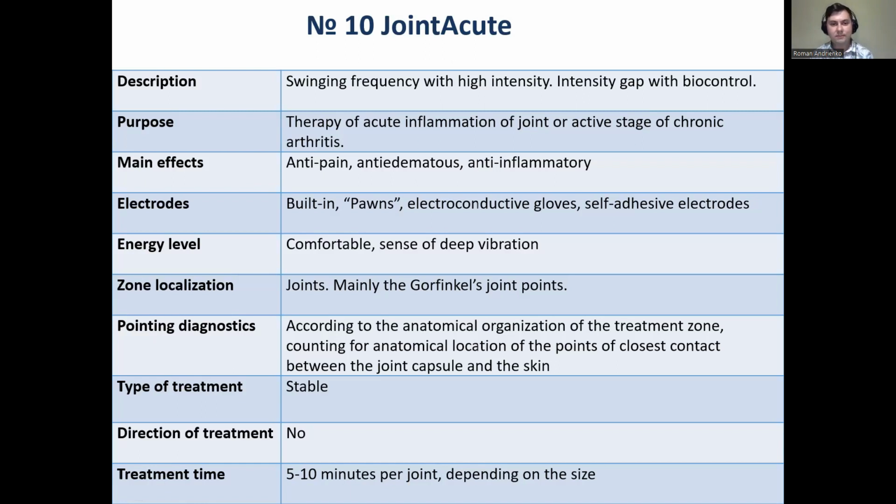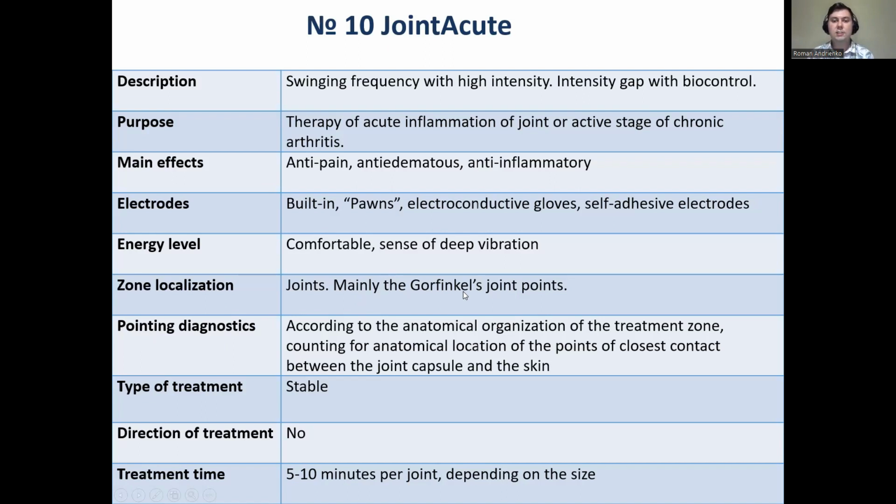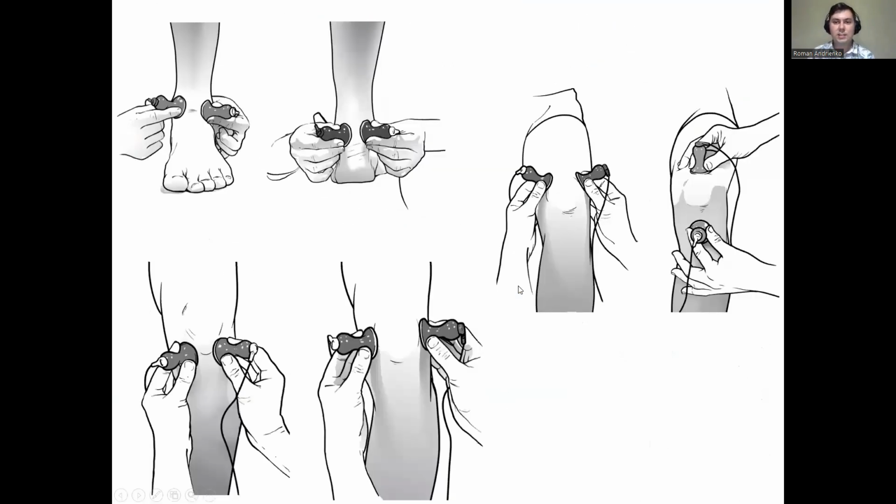So anything. Energy levels should be set to comfortable with sense of deep vibration, and zone localization is obvious. Joints, and mainly the magic points, or the so-called Garfinkel's joint points. These are all the points that you need.